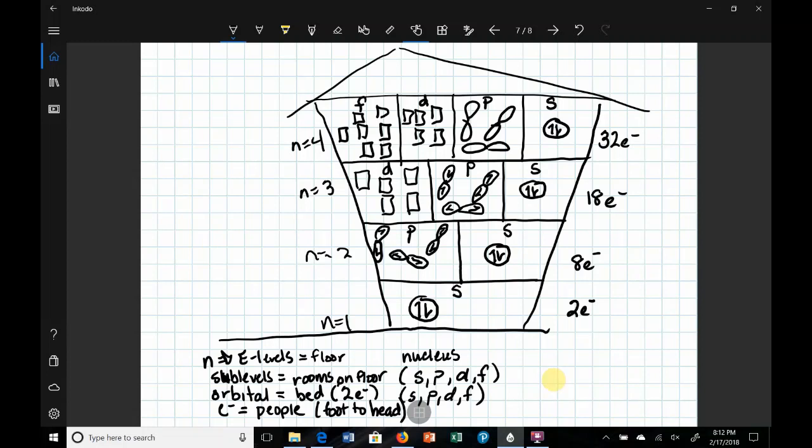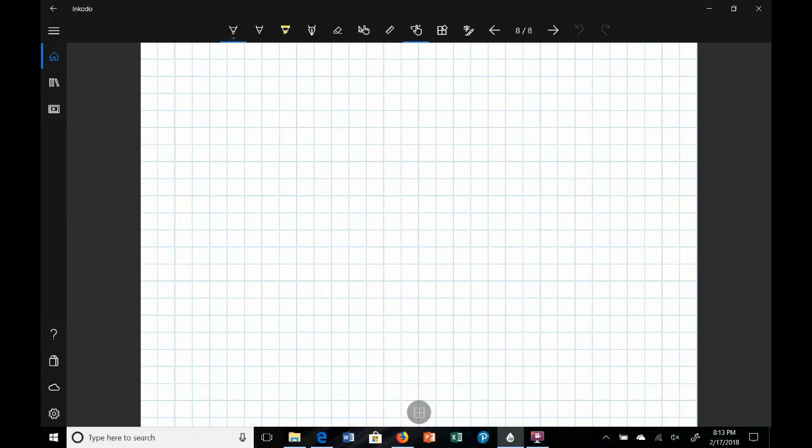So once the 4s sublevel is full, then we start adding electrons down in our 3d sublevel on the third floor. This trend continues as we move up the floors, but we won't be doing any electron configurations that go much farther than the 4p energy level. Maybe some 4d, but not necessarily 4p. Let's do some more practice.